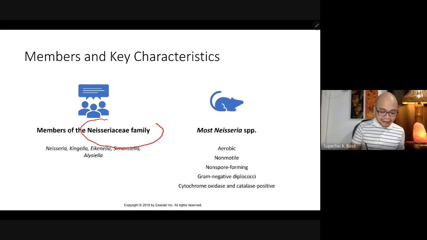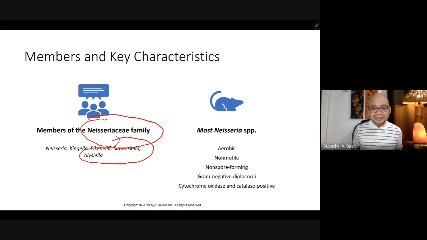Neisseriaceae is the family, and we have the following members: Neisseria, Kingella, Eikenella, Simonsiella, and Alysiella. These are strange names, but please don't name your child Simonsiella or Alysiella. Among these, we will be focusing on Neisseria.